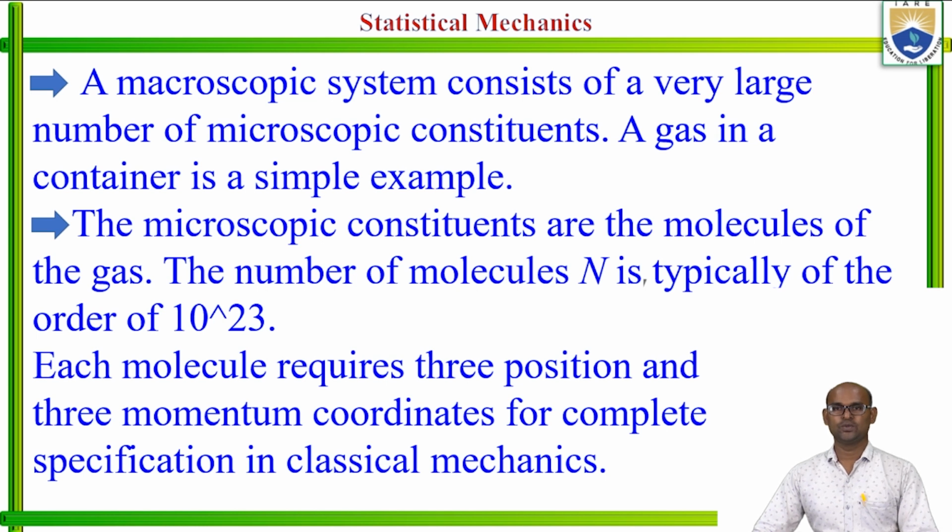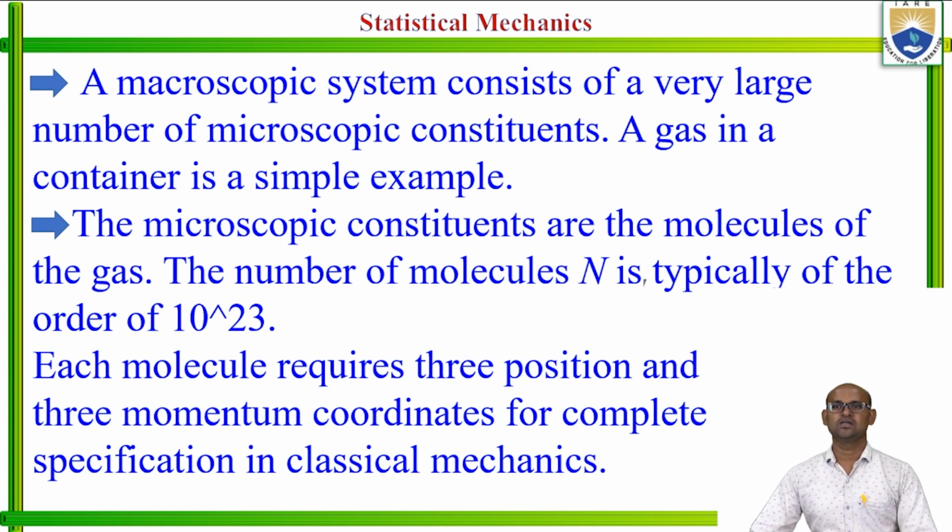Each molecule requires 3 position and 3 momentum coordinates for the complete specification in classical mechanics. We know about classical mechanics, where we construct the Lagrangian and Hamiltonian to study the properties of a system. To use classical mechanics to study a gas, we need 3 position coordinates and 3 momentum coordinates for each molecule.